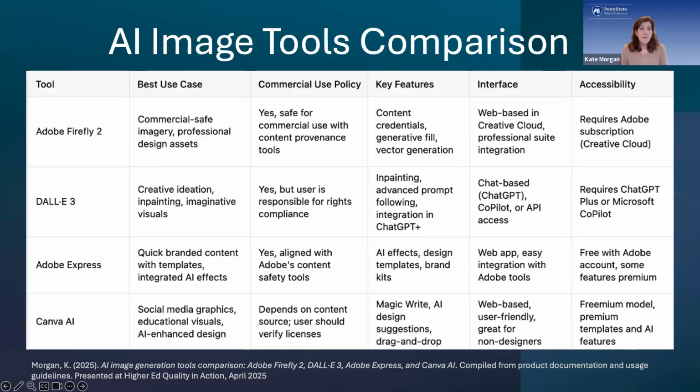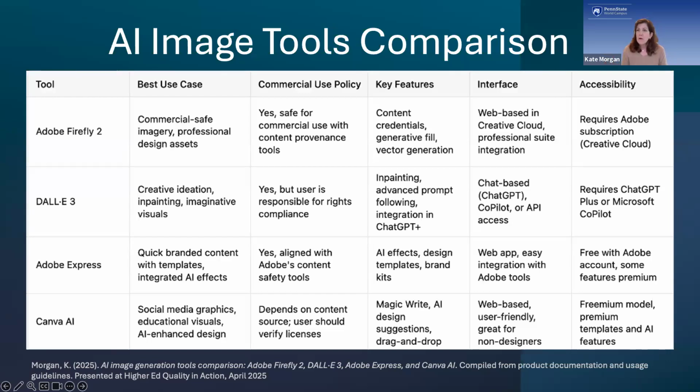Now you're probably saying to yourself, well, which one should I use? Well, fun fact, I asked AI to rate the four that I just laid out for you guys. And I was like, could you please just tell me what I should use these for and what the best use case and key features are? And it gave me this. Now, I mean, this is a low risk chance of me agreeing or disagreeing with it, but it's a place to start.